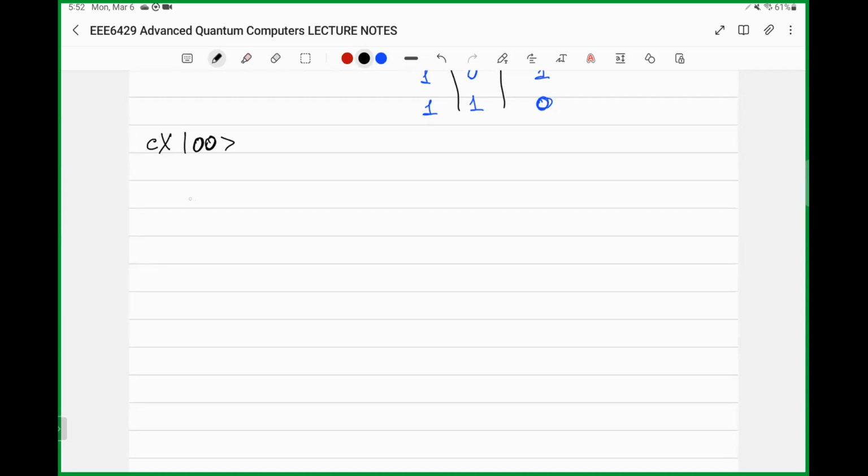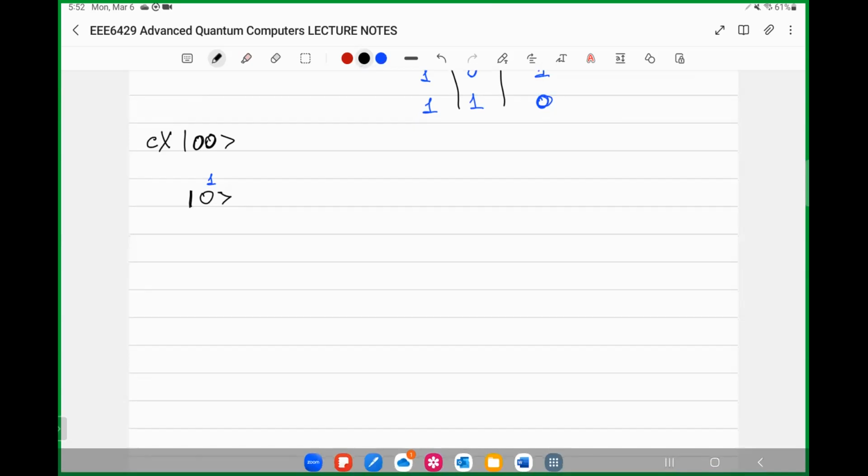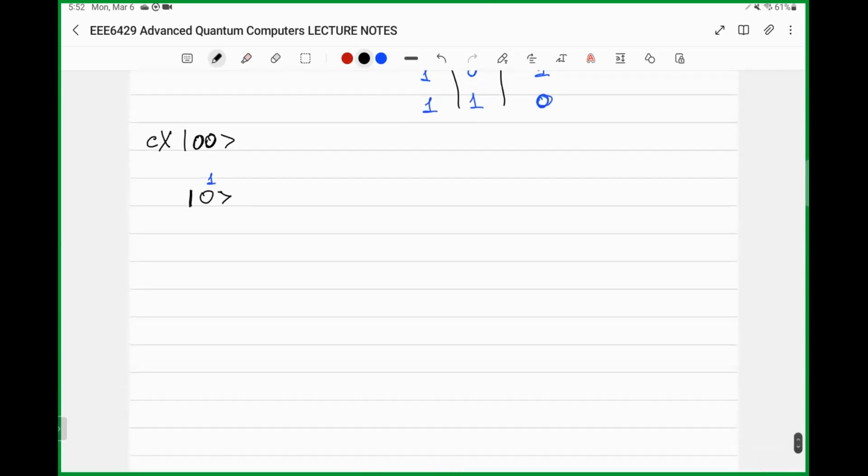The state of a single qubit system is represented by this vector, for example state 0, and this is the first qubit. But how do we transform this when we add another qubit?